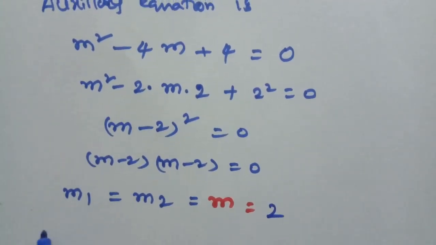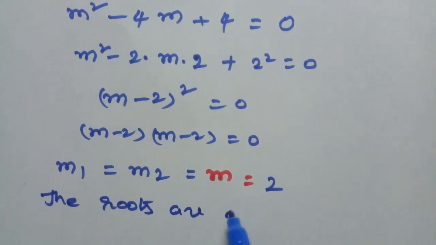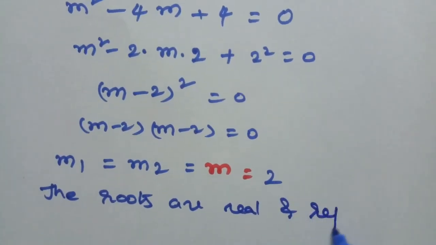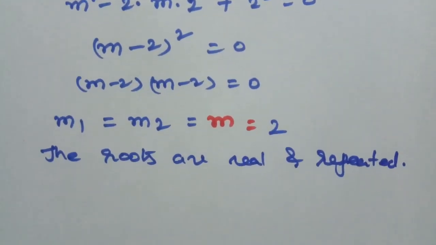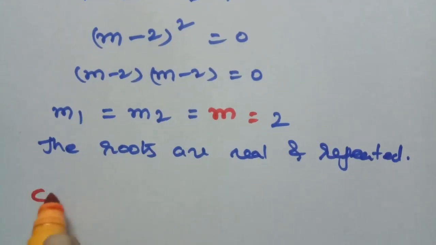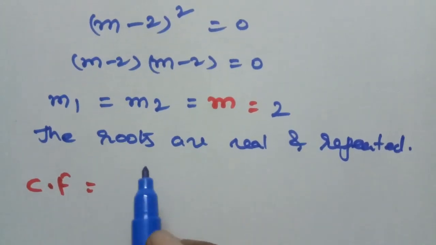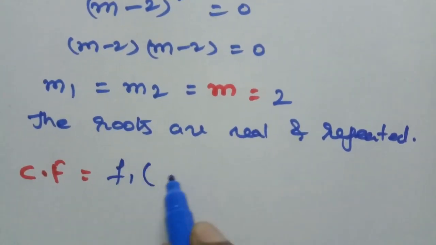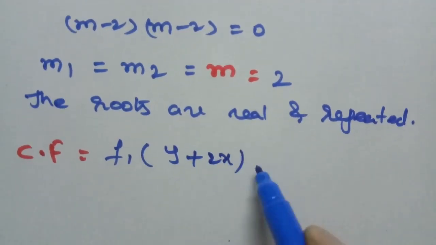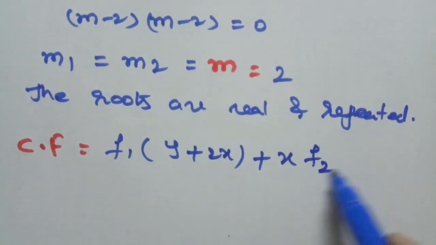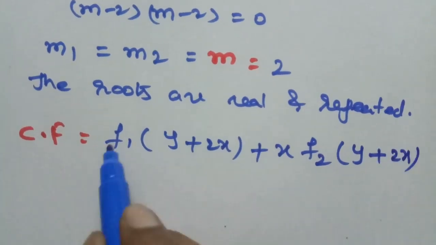The roots are real and repeated, case 2. Therefore, the complementary function CF is equal to f1(y plus mx) plus x f2(y plus mx), that is f1(y + 2x) plus x f2(y + 2x).